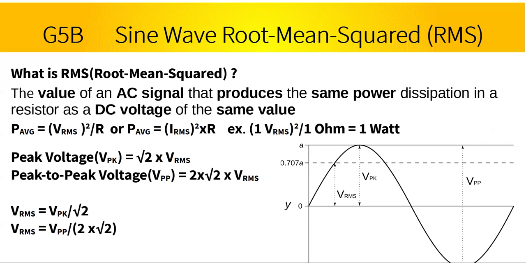Likewise, if you had 1 volt DC, you're going to dissipate 1 watt. So when we look at peak voltage on the AC waveform, which is 0 to a positive or a negative peak, it's going to be the square root of 2 times the RMS voltage. Or the opposite is the RMS is going to be 1 over the square root of 2 times the peak, or 0.707 times the peak. If we have peak to peak, we have to divide by 2 to get the peak, and then do the other one.